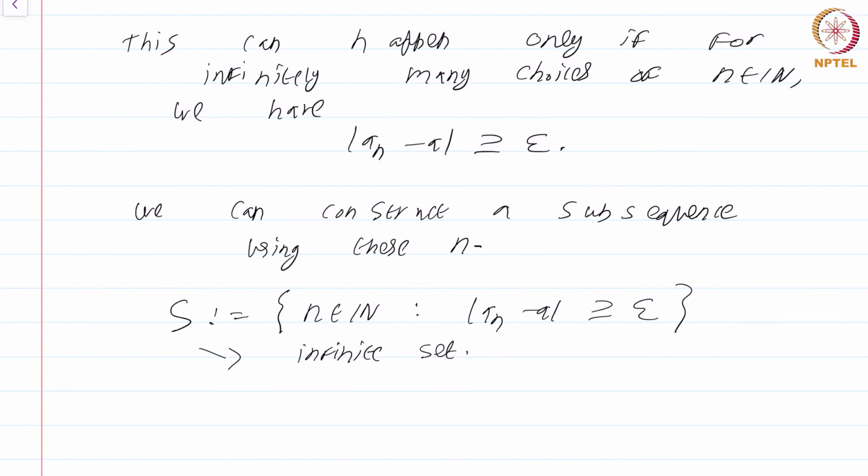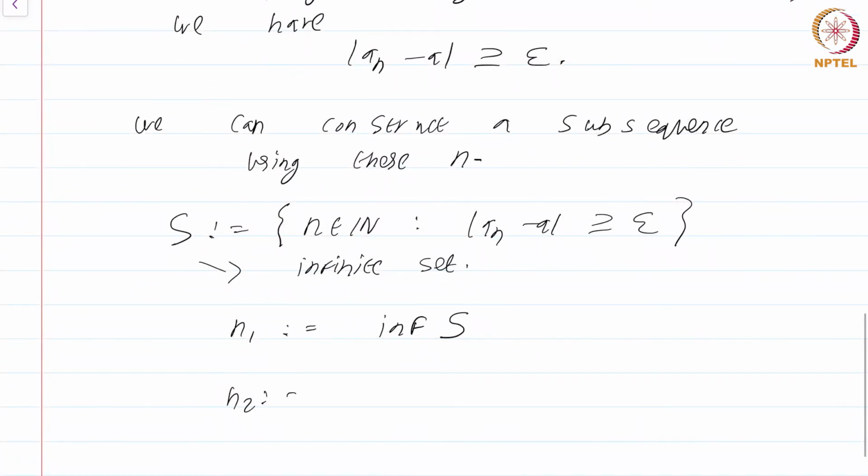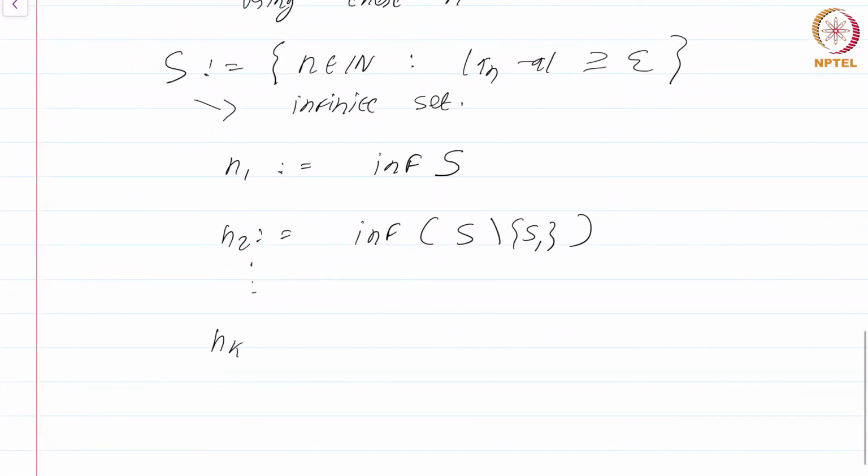Given that it's an infinite set, you set n1 to be the infimum of S. Then set n2 to be the infimum of S minus the set {n1}. And I believe you know what is going to come. Set n_k to be the infimum of S minus the set {n1, n2, ..., n_(k-1)}. And this will give you the required subsequence.